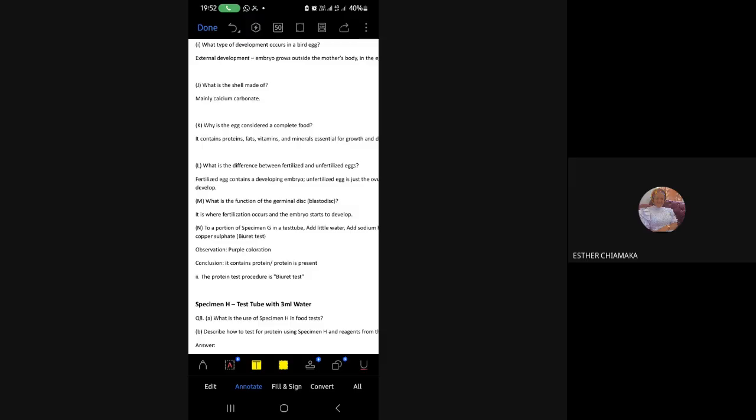But if you had water first and you had your reagents, you have this clear, sure purple color. So I wouldn't know the procedure they would require you to follow. Whichever one, once you had sodium hydroxide and you had your 1% copper sulfate, CuSO4, and you have purple color, your observation is purple color, your conclusion and inference should be protein is present. Do you get it?